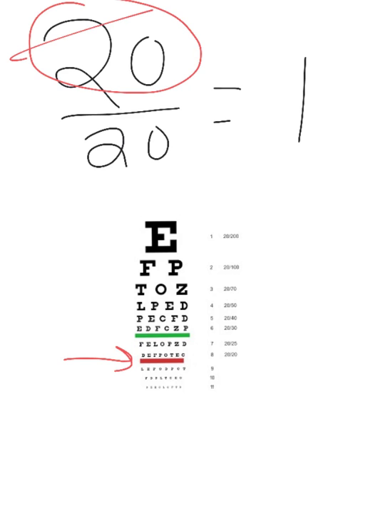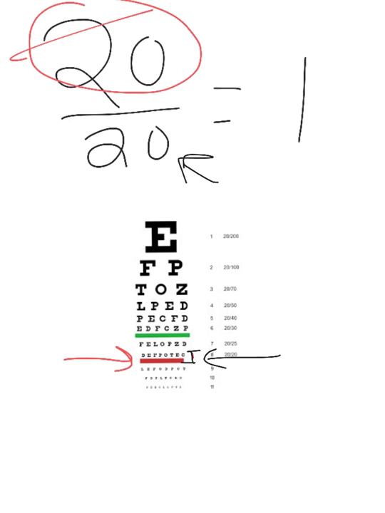Each letter is about 9 millimeters from top to bottom. So if you're sitting 20 feet away and you can read this line, then your vision is 20 divided by 20. So the bottom number here represents the line that you can read, the size of the letter.